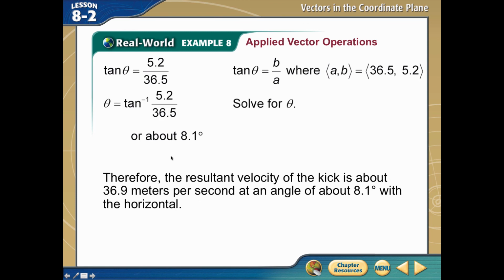So wouldn't you rather break it down into component form using sine and cosine, add the x's, add the y's, square the x's and the y's, add them together, take the square root, and then do the inverse tangent of y over x. And you get your answers. I think it's a much more straightforward way. And we kind of had to go through the geometry way first so that you can understand what the vectors are doing. And then you go into this particular way of breaking it down.